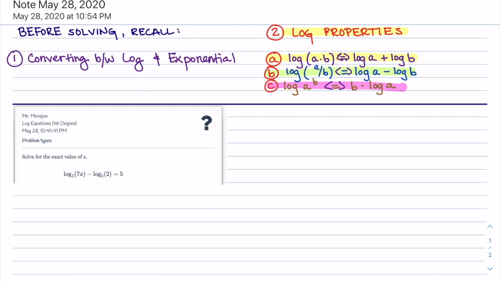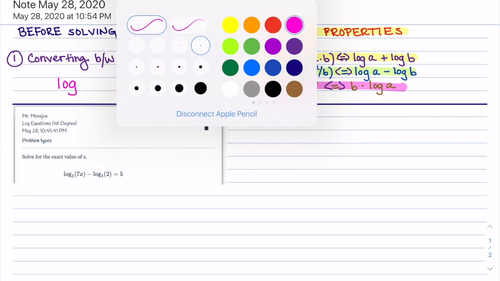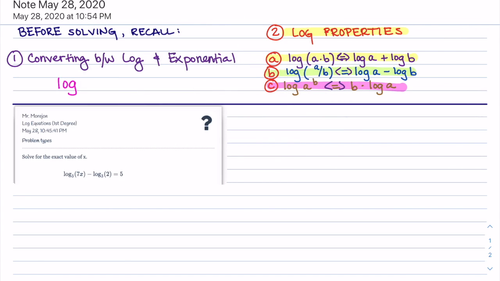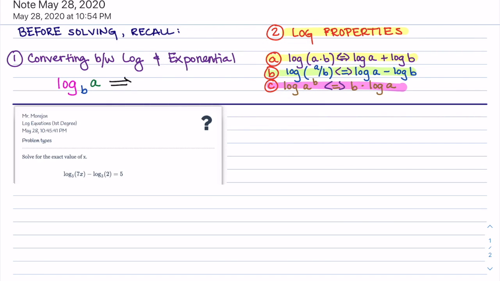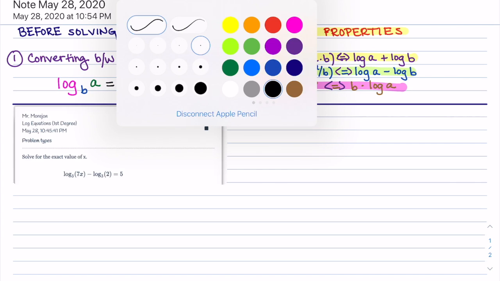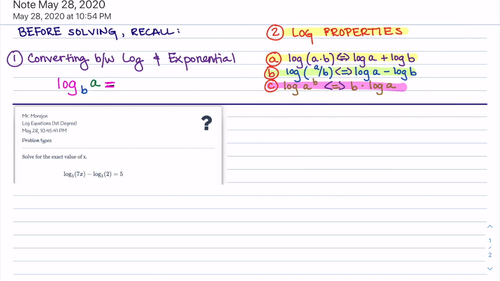And another thing I want to remind you of before we get started is the way that we convert between logarithms and exponentials. So for example, if we have log base b of a equals x, we can say it like this.